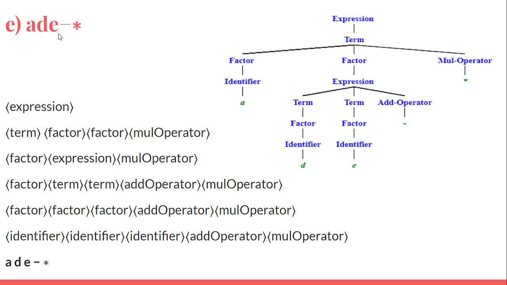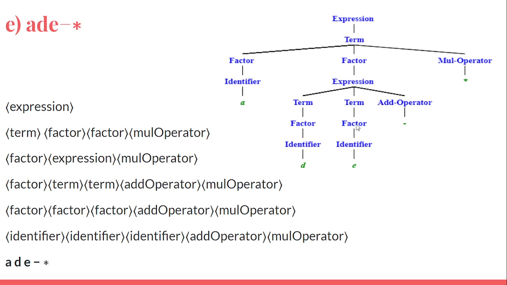Then we require d and e. We require two more identifiers, so we have to change the second factor to expression again, and this expression will then change to term and add operator, which will also provide us the minus sign we require. Then the first term will be replaced with factor, and this factor will be replaced with identifier and give us the d we require.